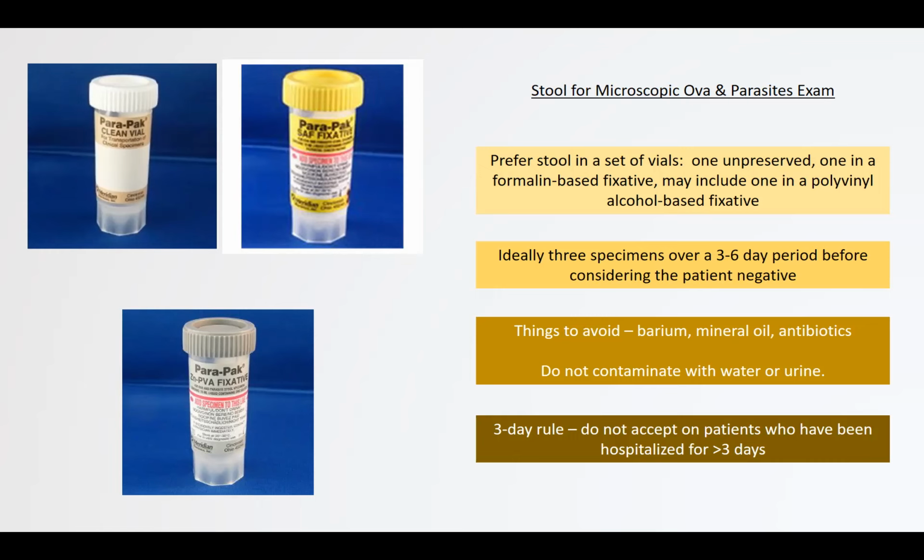And there are issues with intermittent shedding of some parasites. So you may not have much right now, and you may have a lot more tomorrow. So we really want 3 different specimens spread out over some time. I'll be honest with you, we hardly ever get this. Most of the time when somebody orders an O&P exam, we get 1 specimen and that's it. Not really the best way to do it.